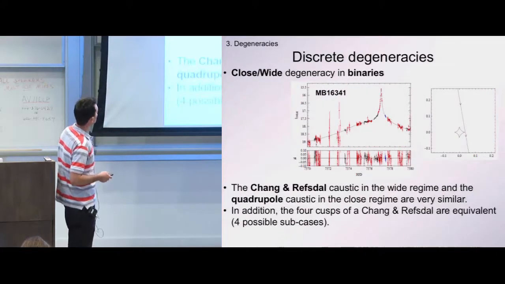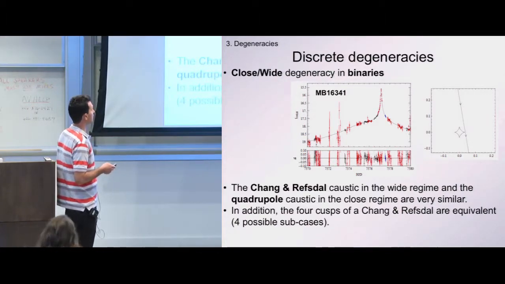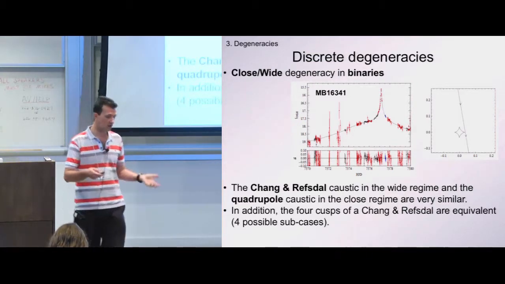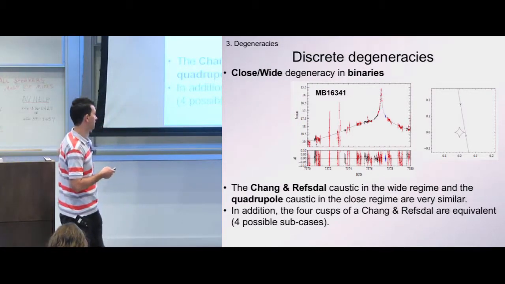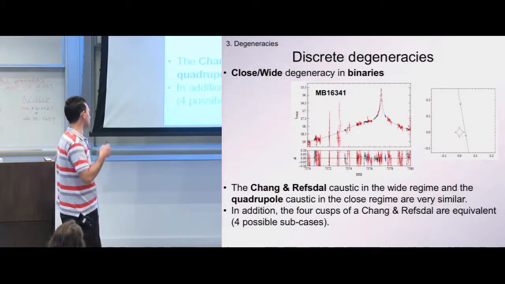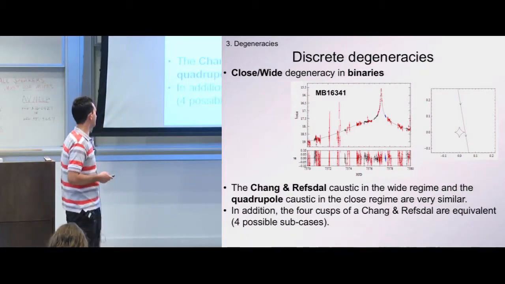There is also a close-wide degeneracy for binaries, because in the wide limit and in the close limit, the caustics are also asteroids with 4 cusps. This is the so-called Chang-Refsdal caustic in the wide regime, and the quadrupole caustic in the close regime. They are practically identical.